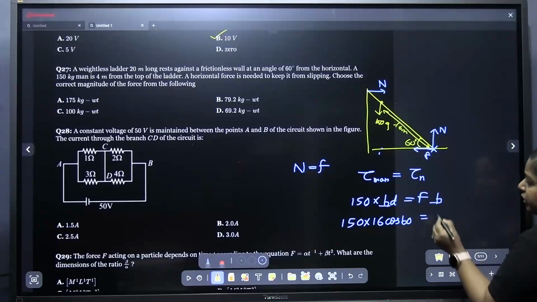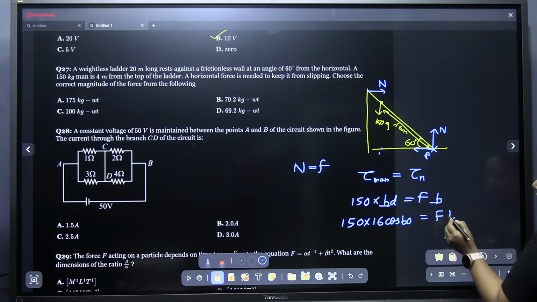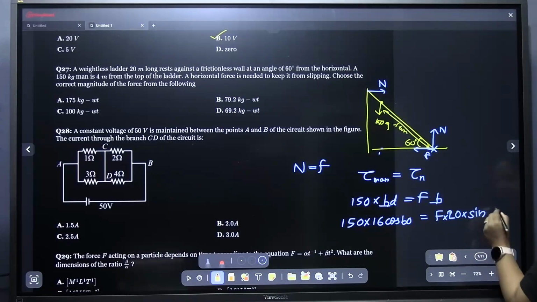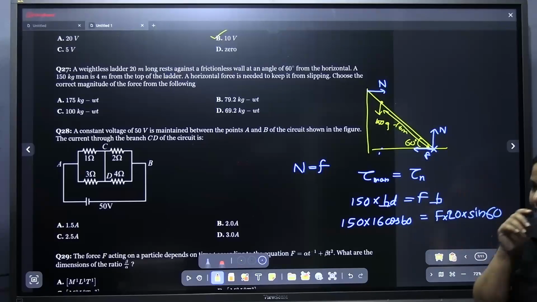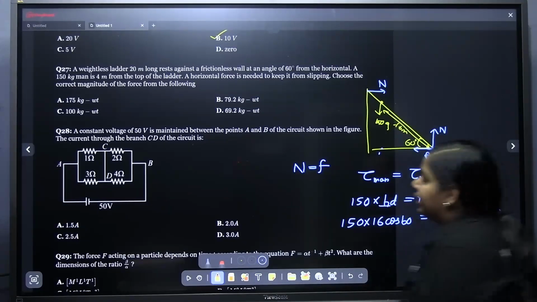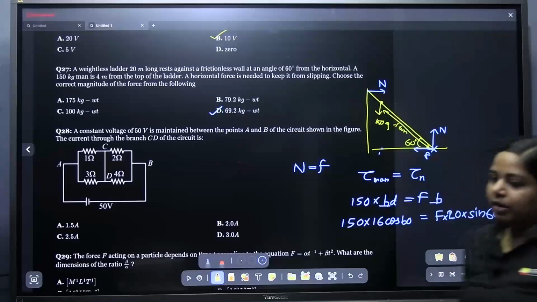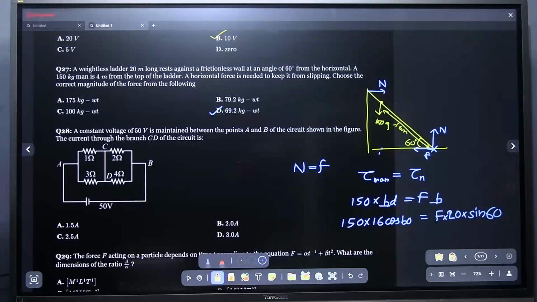So here it will be F into L, total length, that is equal to 20 into sin 60. 150 into 16 cos 60, with cos 60 equal to 1 by 2, equals F into 20 sin 60, with sin 60 equal to root 3 by 2. F we have to find, substitute all the values, you can get that the final answer is equal to 69.2. Root 3 you can substitute 1.732 and calculate. Okay, I hope you understand this problem.